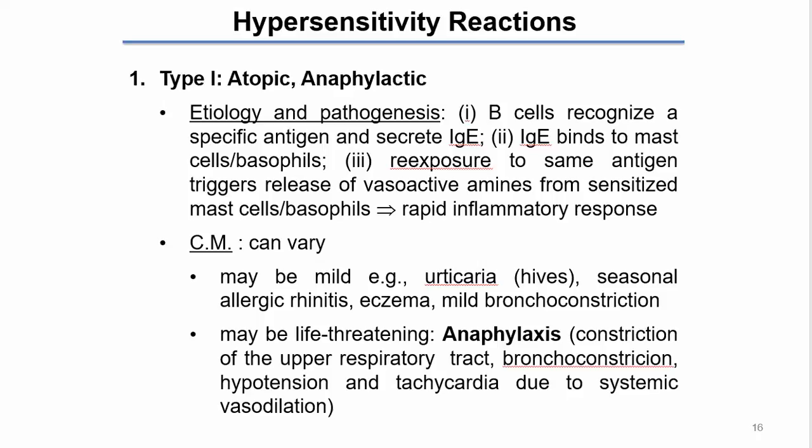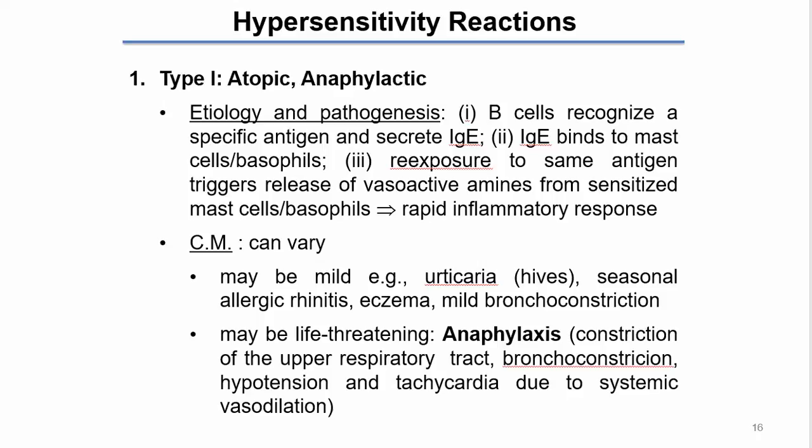And so now these basophils and mast cells are sensitized to that particular antigen. The next time you see that antigen, that will cause the release of the vasoactive amines from those sensitized mast cells and basophils. The vasoactive amines would be things like histamine, and that leads to inflammation, a very rapid response to inflammation.